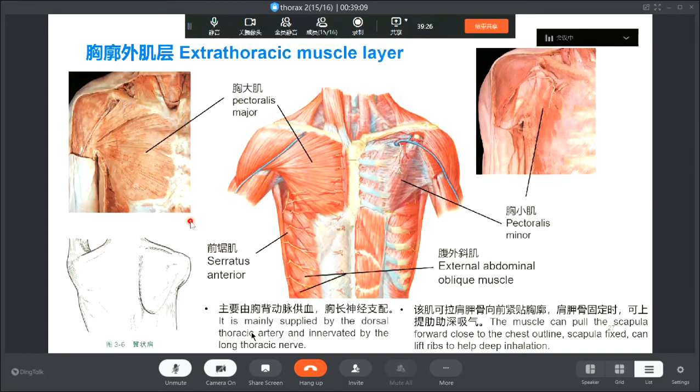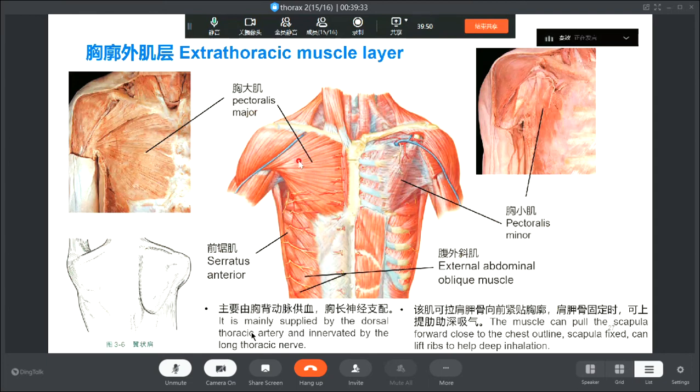Under the thoracic wall, the fourth layer is the muscle layer. This layer consists of several different muscles. The outermost muscle is the pectoralis major.